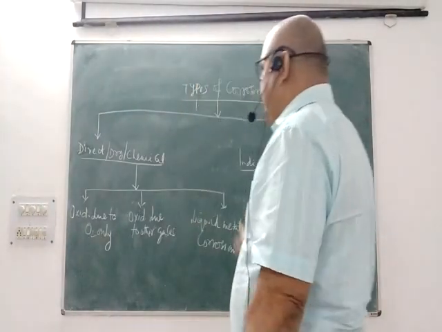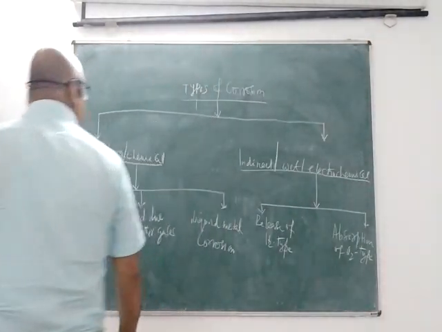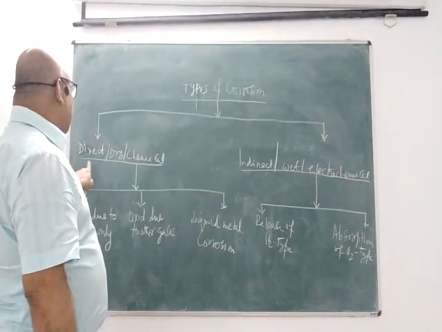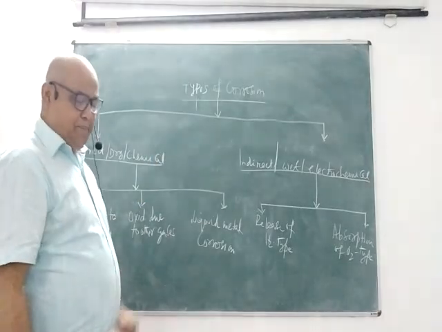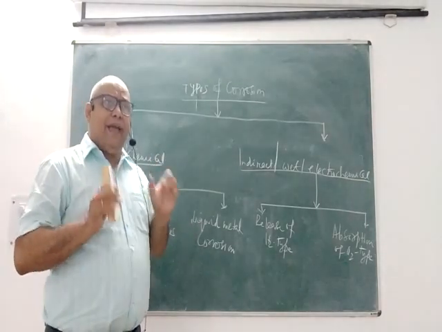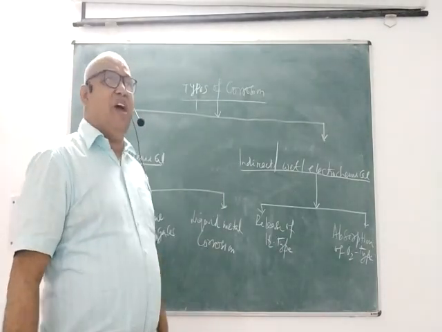From the table, it is very clear. Basically, we can divide corrosion into two types. Number one is direct or dry or chemical type. It is called direct as oxygen is available in the environment.